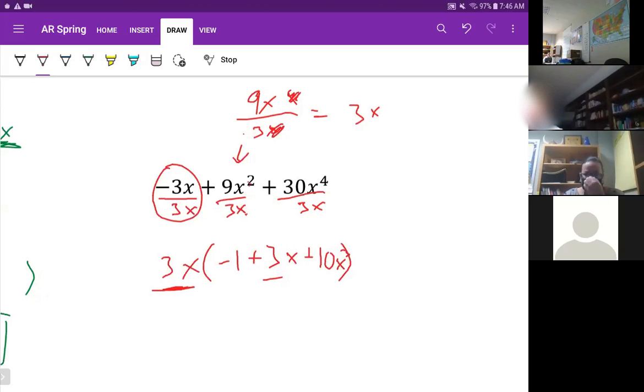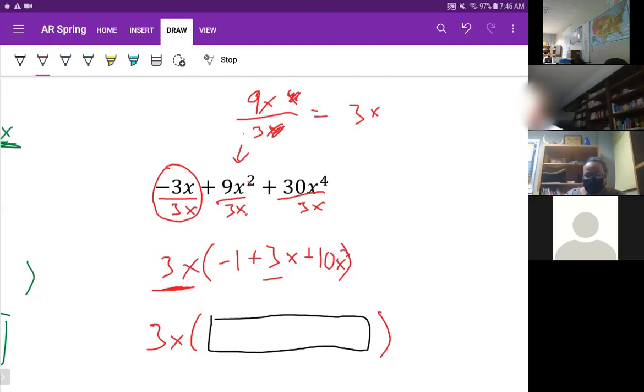In this one, your answer on Canvas will have these blanks, and then this box right here where you enter in something. Typing this in, you would do negative 1 plus 3x plus 10x exponent 3. That is what it would look like when you type in that answer on Canvas.